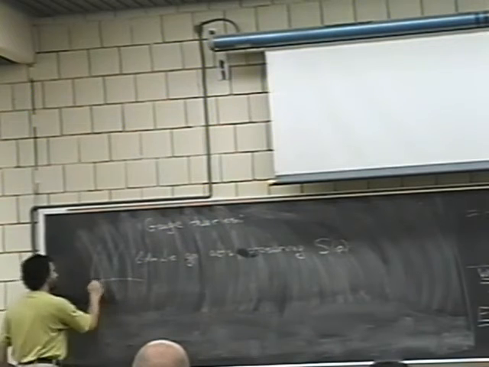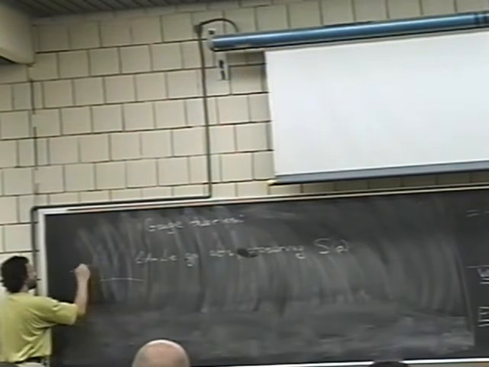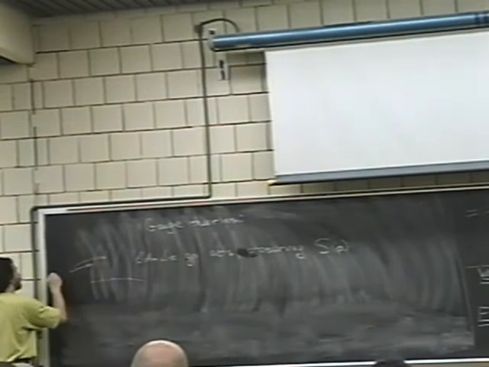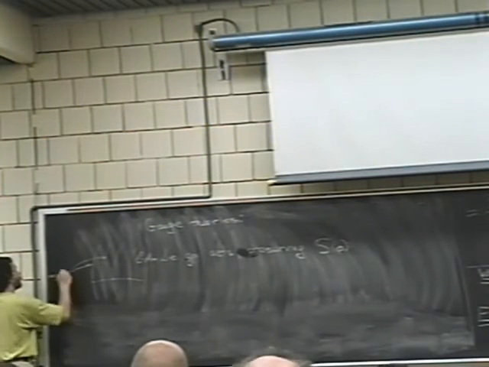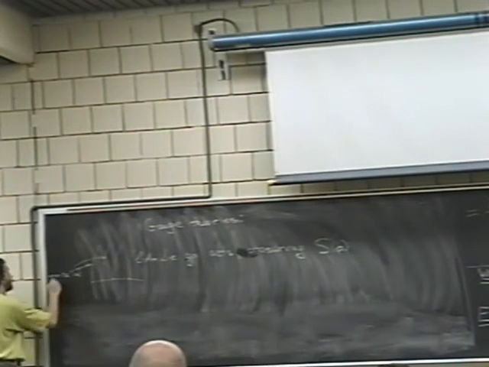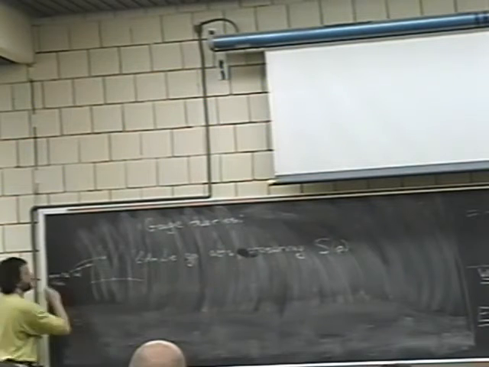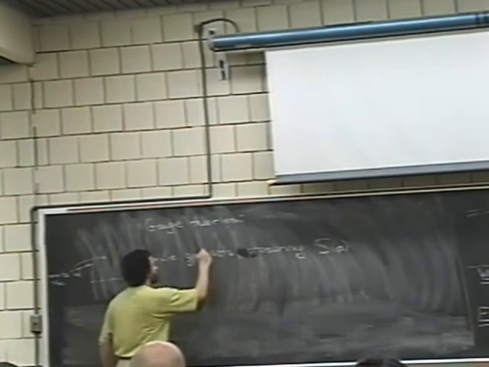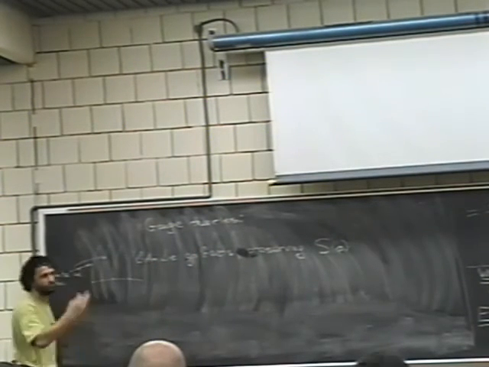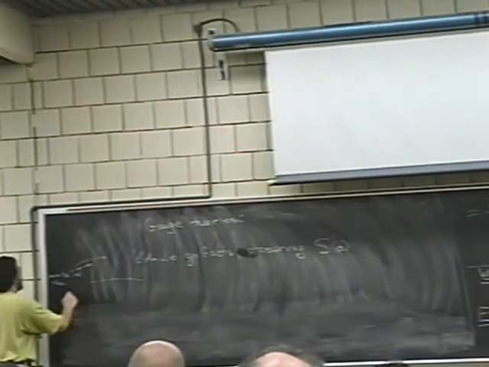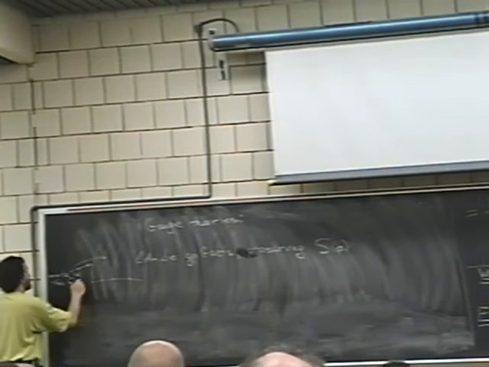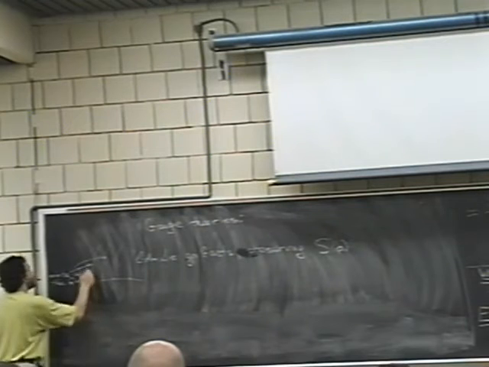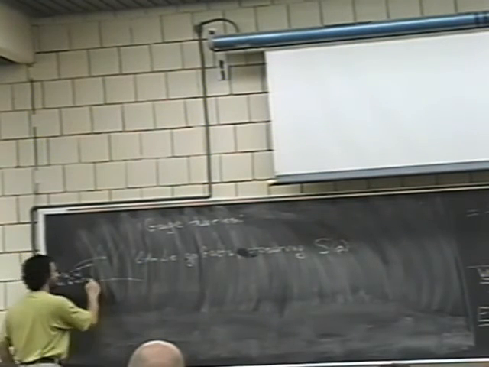And I want to pick here, so these are orbits, of the G action. And we want to pick some section.